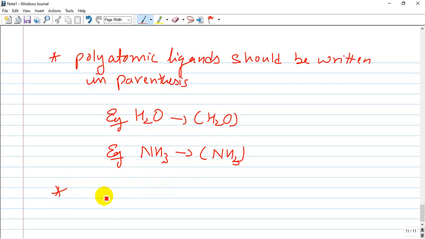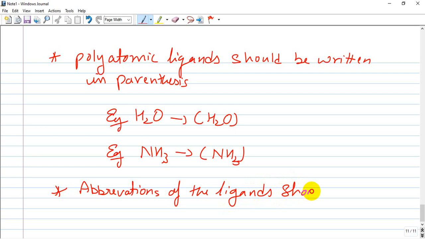Then abbreviation of the ligands should be written in parentheses.